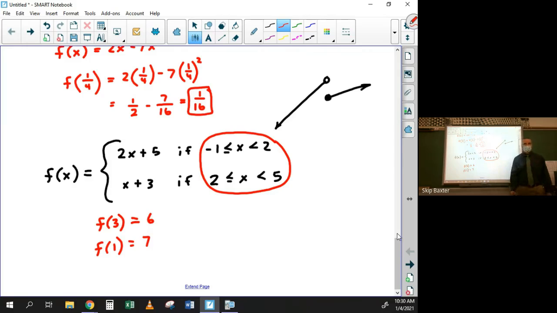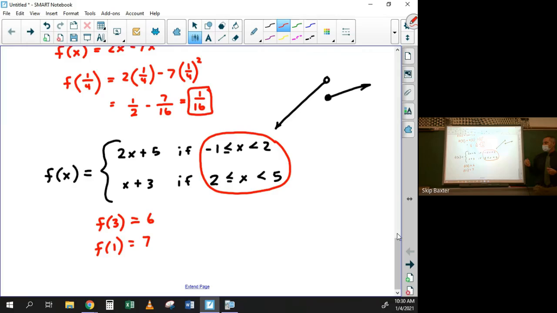Does that make sense? So the homework is just a bunch of problems of different types. The way Delta Math is organized, I had to take it from a bunch of different things, so it looks like a lot of stuff, but they're all really easy problems. You're either identifying whether or not something is a function, in other words, is there an x value that's used more than once, yes or no?